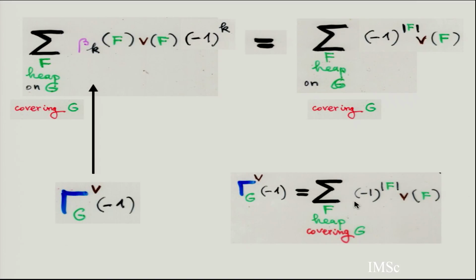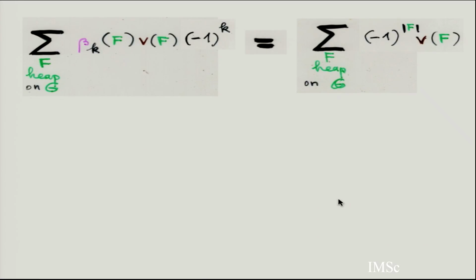This is true for any... Think of this as a formal power series with the heaps as formal variables. Each species should be a formal variable. So if this is true in general, this is true for heaps covering the graph. If you put on both sides the condition that the heaps are covering the graph, this is again an identity which is true. And if I put a third condition to be multilinear, it's still true. So a restriction of this identity to some family of graphs becomes another identity, which is a projection of this very general identity.